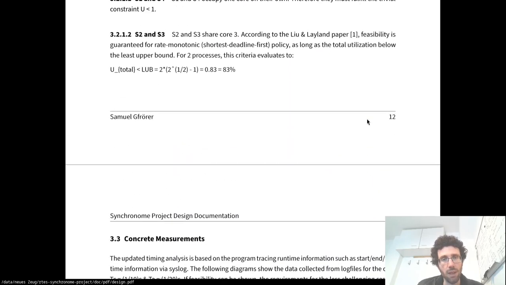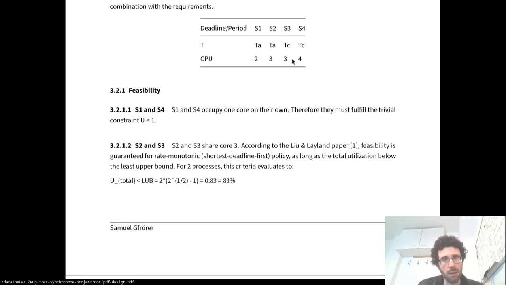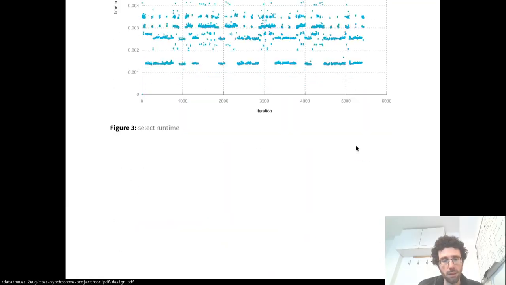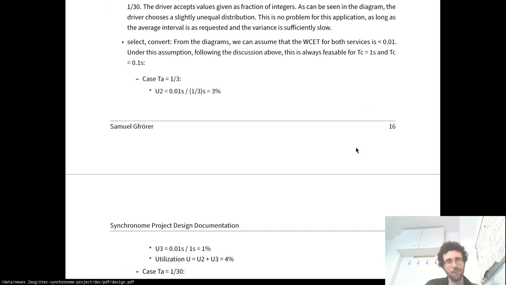And if we assume that the execution time for service 2 and 3 is 10 milliseconds, we can then compute the utilization on core 3 as follows. The utilization is the execution time divided by the period at which the service is run.